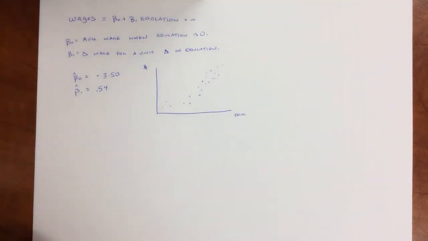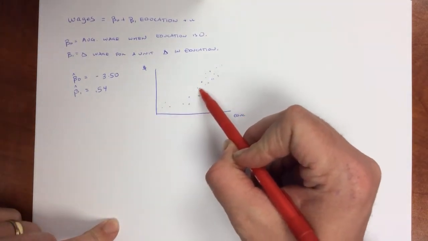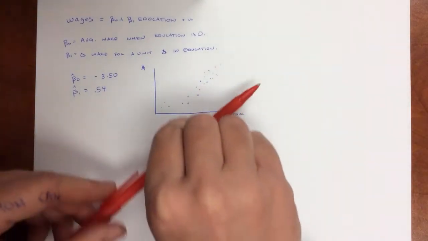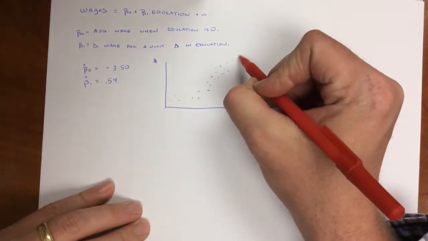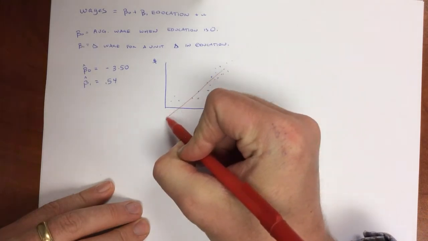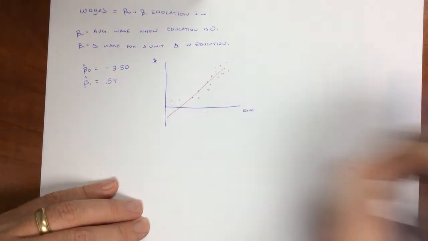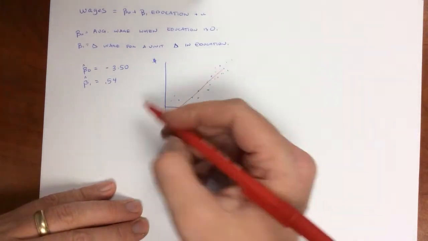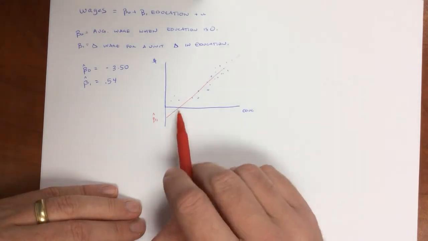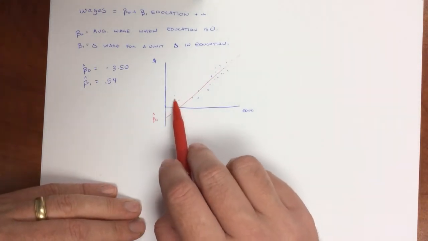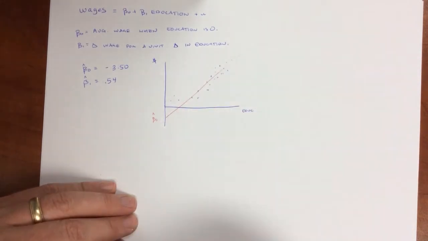So if I do my best fit line and I have a positive wage, it's really hard to draw that best fit line because it doesn't really fit the data well. What fits the data really well is a line that looks like this, and it just so happens then that the intercept which fits this data the best is beta naught hat, which is a negative number. Now the people with very little years of education actually make money, but we shouldn't, based on the rest of the data, that's what we have.